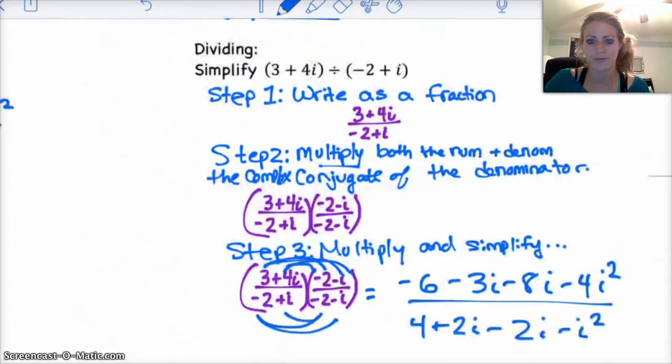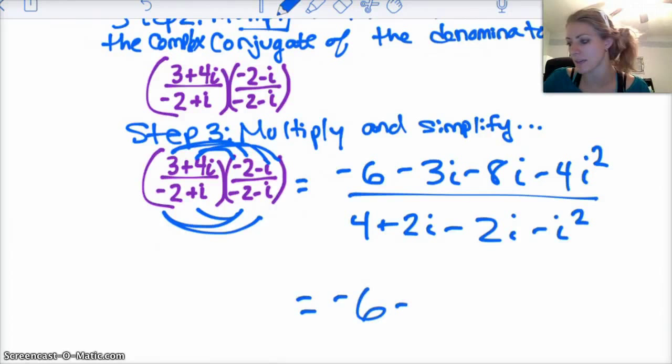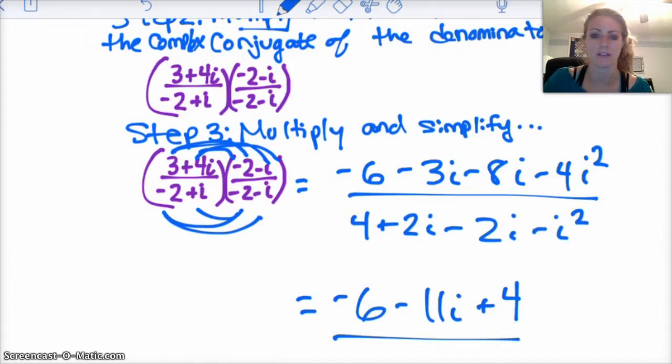So in the numerator, we have a negative 6, which can't combine with anything yet. The minus 3i minus 8i is minus 11i. And then the minus 4i squared is 4 times negative 1, plus 4. So then I'll wait to combine those.